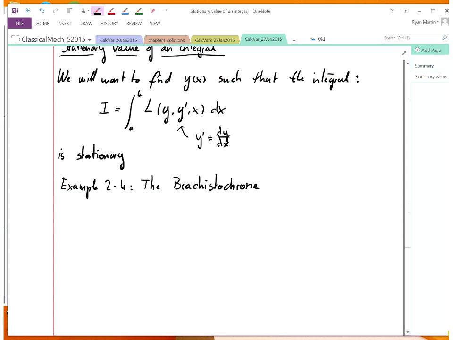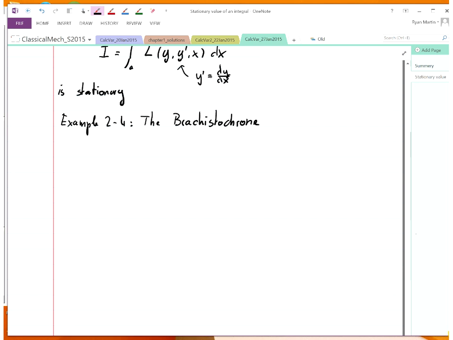This is the famous brachistochrone problem, which is actually the reason variational calculus was developed, to solve this specific problem.